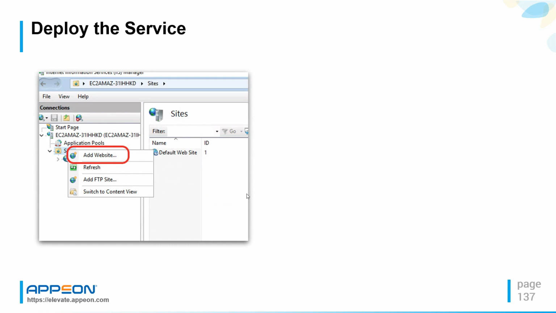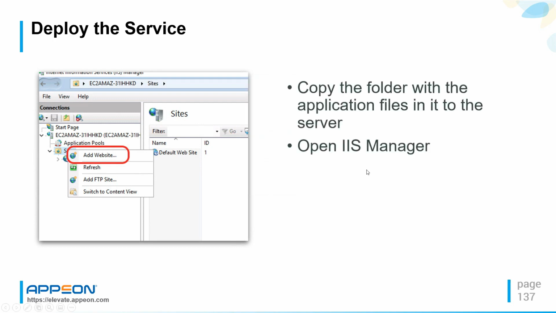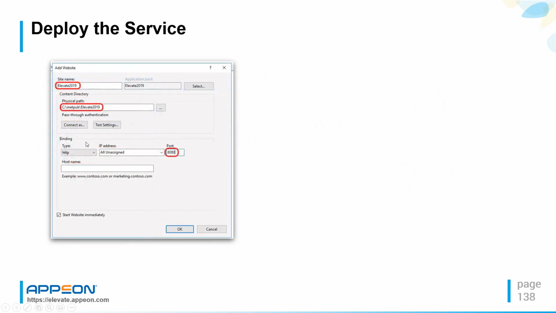I'm going to say add website, and then I give it a name. I just point it at the folder that I unzipped the files into. And in this particular case, I'm going to have it listed on a different port because I've got something else running on port 80. So I'm going to be listed on 8080.